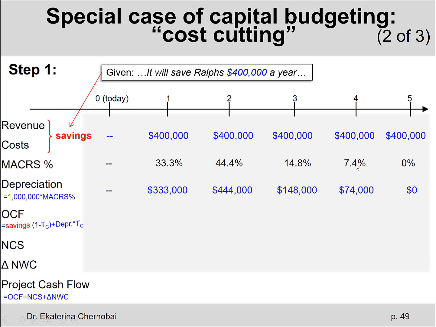When you multiply these percentages by $1 million, you get the depreciation for each year.